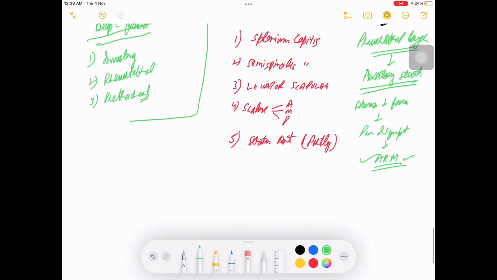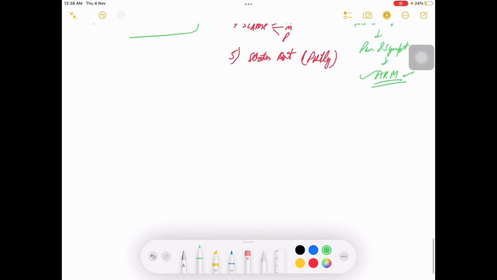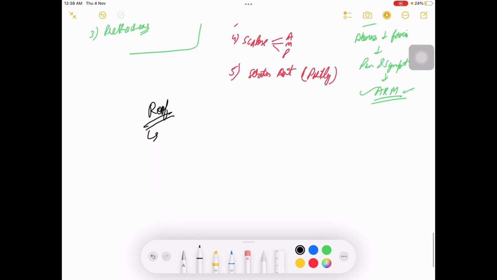Okay, so now I'll talk about the roof, that is its superior covering. The roof is formed by the investing layer of deep cervical fascia.